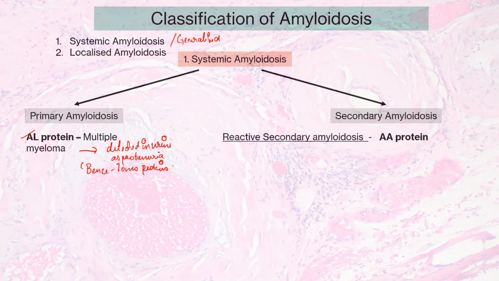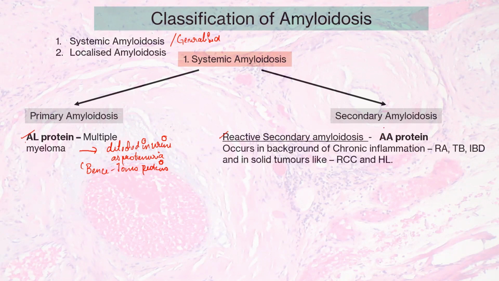Next is the secondary amyloidosis, which has different types. Let's see reactive secondary amyloidosis. So we're saying reactive. It's reacting to something. It is an immune reaction. Okay, and here there is a production of amyloid associated protein.